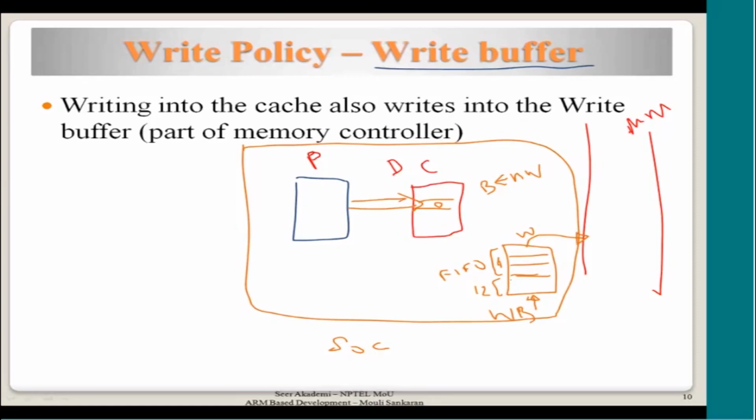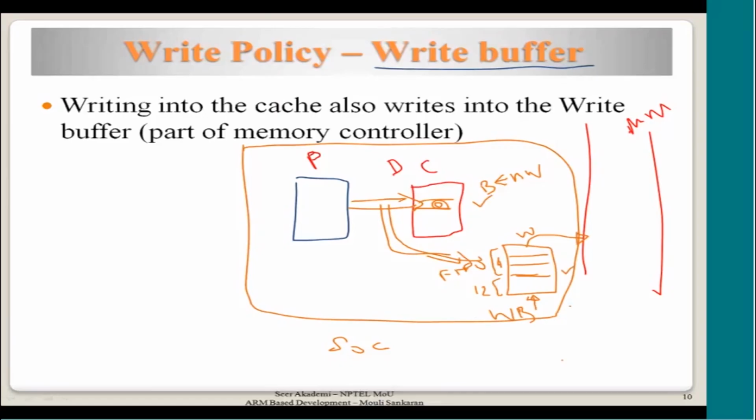So the write buffer is a hardware, intermediate buffer. Whenever a processor does a write into a particular location, a word gets written into the write buffer also, both places, here as well as here.